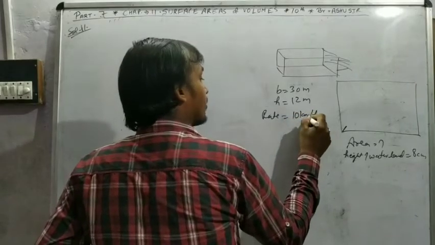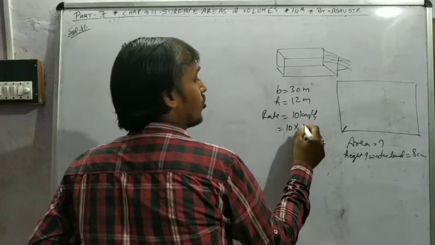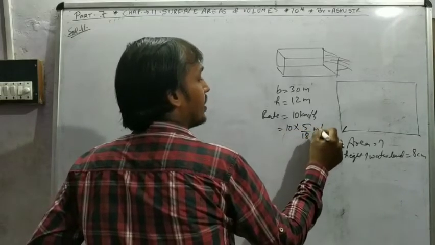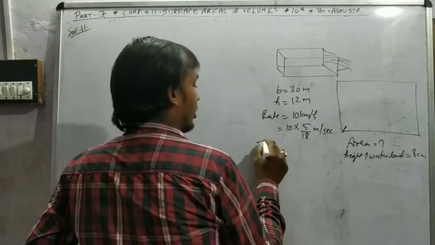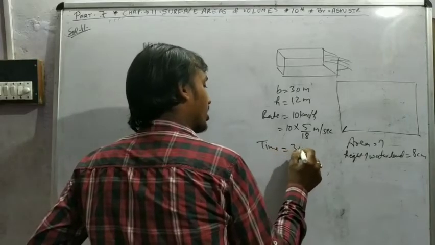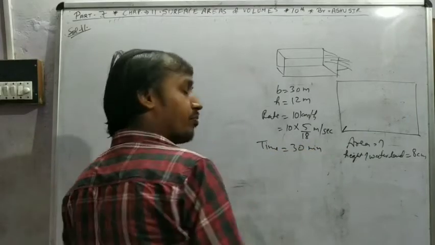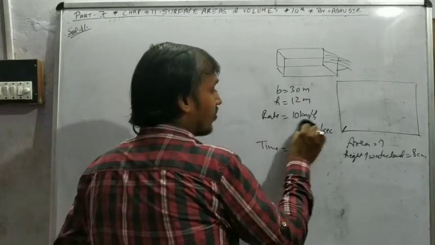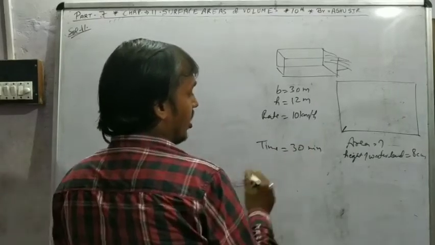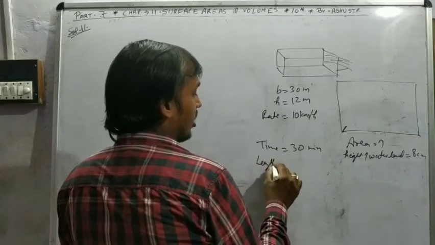Rate is given, that is 10 km per hour. Time is given, that is 30 minutes. So we can't find directly in meter per second the length.